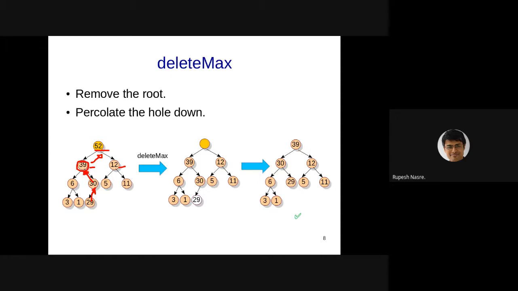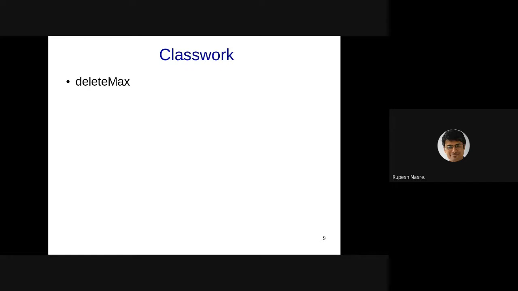Okay. So if there are no questions, then we'll do it on another example. Let's do this classwork. We have this tree, which is the next one that we want to do.